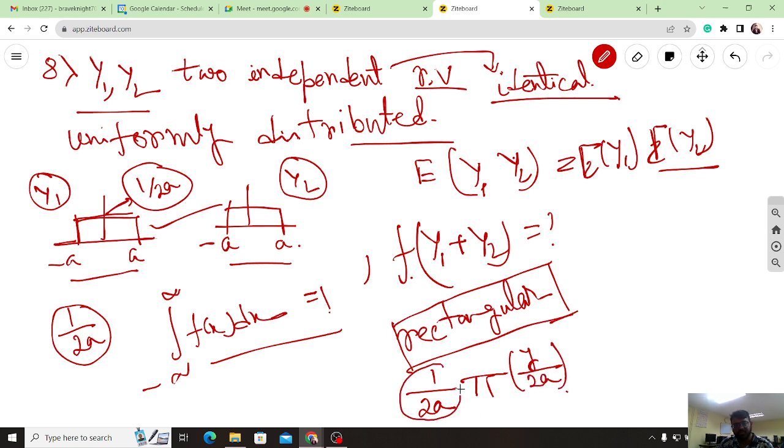So this is the amplitude and this is the width 2a.